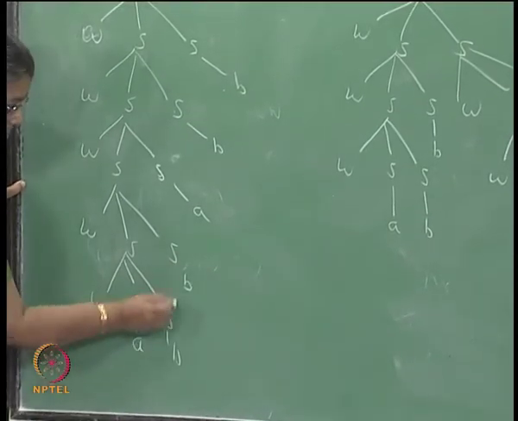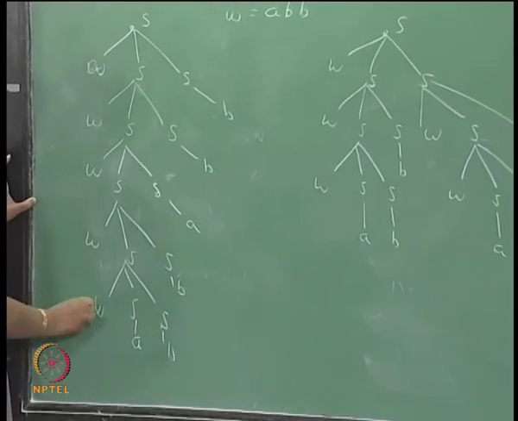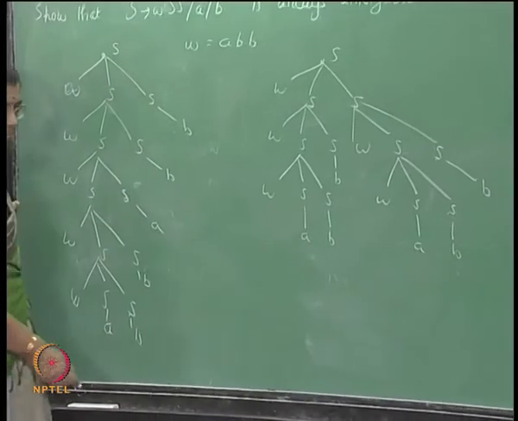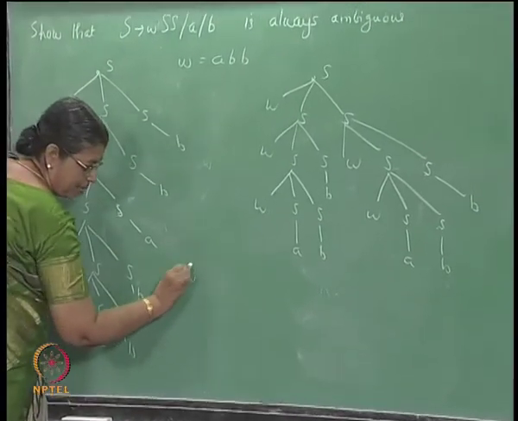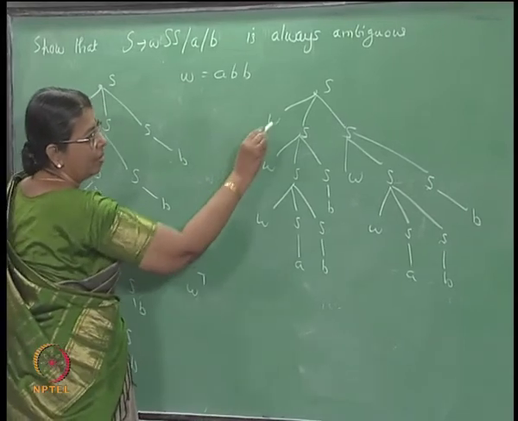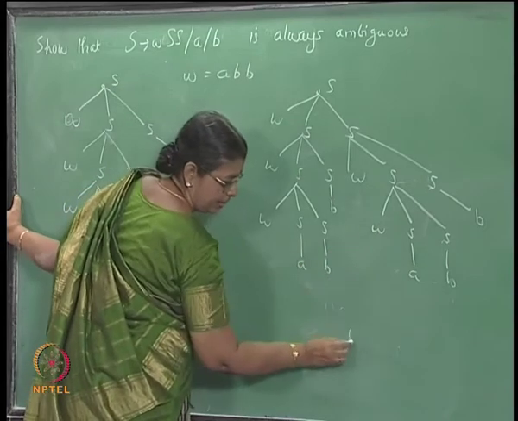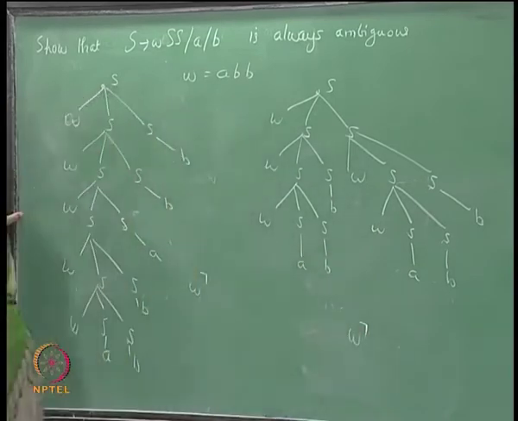This will go to ABB. How many times do you get ABB? 1, 2, 3, 4, 5, 6, 7 times you get. This is W power 7. How many times do you get W here? 1, 2, 3, 4, 5, 6, 7. So, this also generates W power 7.